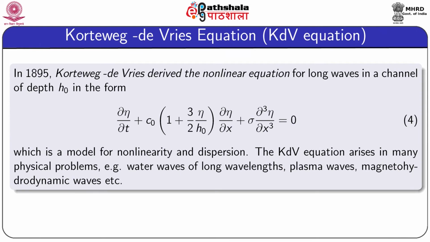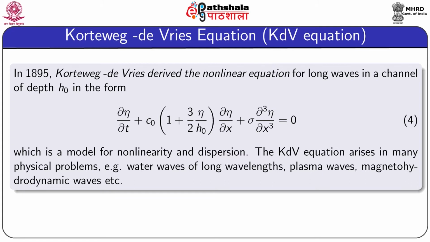In 1895, Korteweg and de Vries derived the nonlinear equation for long waves in a channel of depth h0, and that nonlinear equation is given by del eta del t plus C0 times (1 plus 3/2 eta by h0) del eta del x plus sigma del cube eta del x cube equals 0.